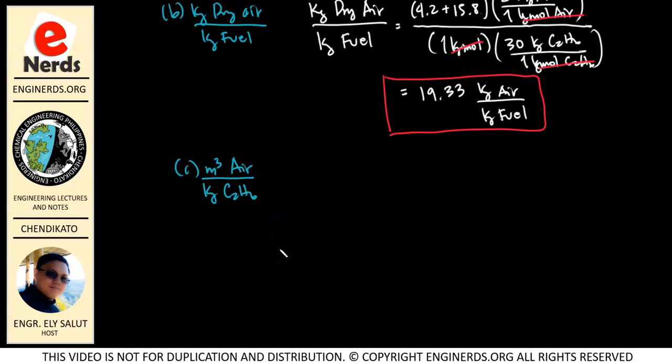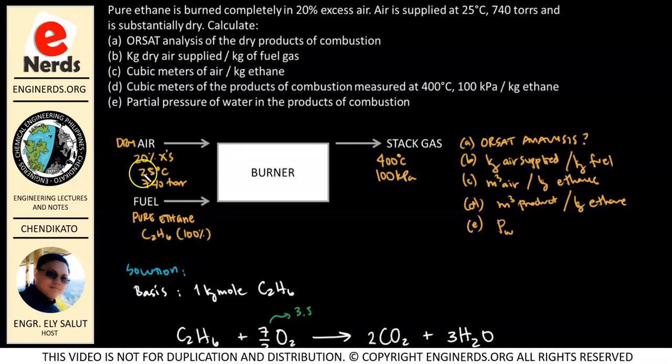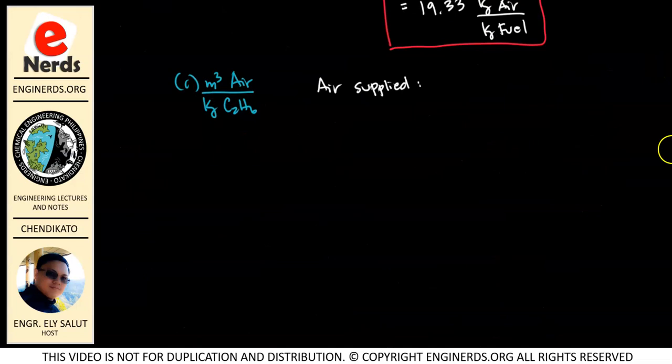So we are talking about the air that was supplied. So the condition of our air supplied, let us recall it. In here we have 25 degrees Celsius and 740 torr. So our air supplied is having a pressure of 740 torr and a temperature of 25 degrees Celsius.